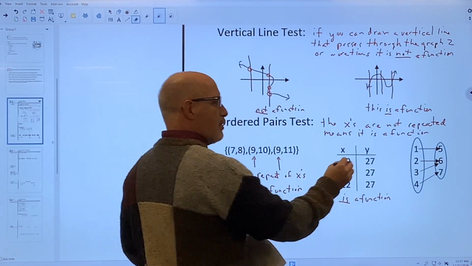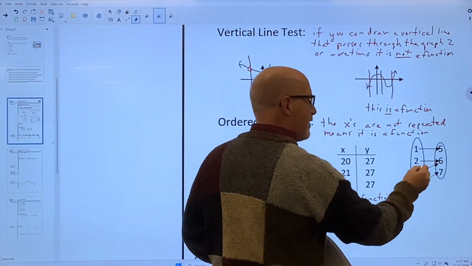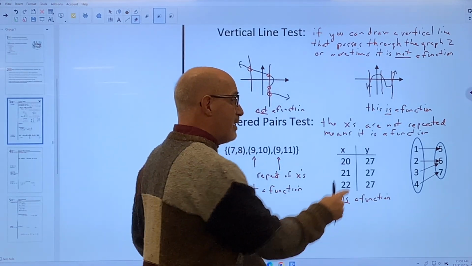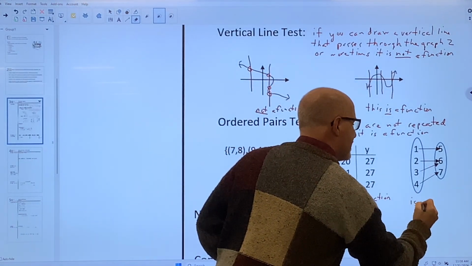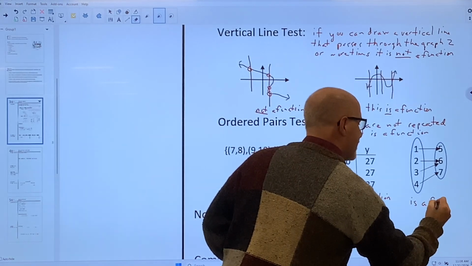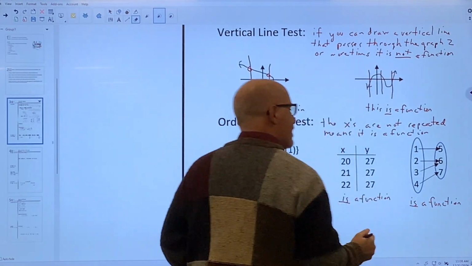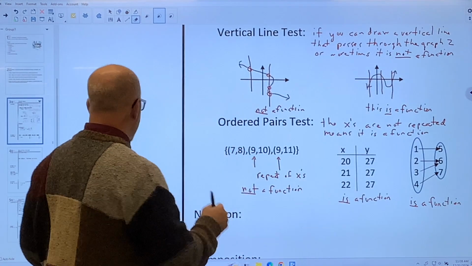And this last one, notice 1 goes with 5, 2 with 6, 3 with 6, and 4 with 7. The 6 is repeated, that's an output, it can be repeated. But in this one, the inputs are never repeated, so this is a function. So that's how you test with more ordered pairs or charts or tables.